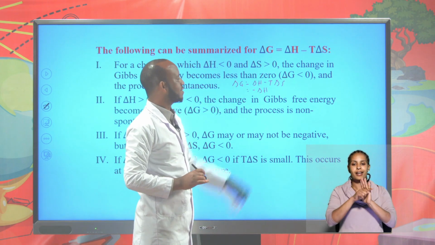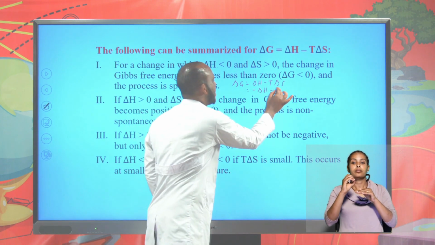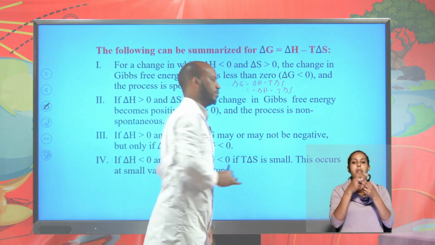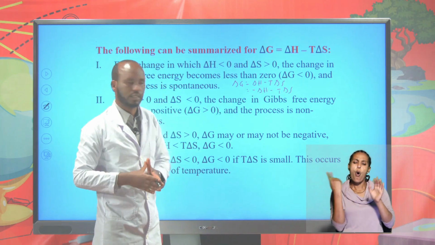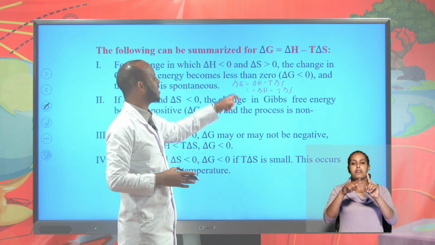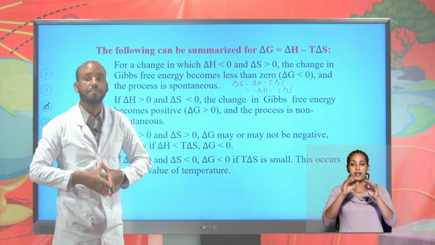Delta S greater than 0 is positive, so minus T times delta S is negative. Negative plus negative is always negative. Therefore, the Gibbs free energy change delta G is less than 0 for all temperatures.